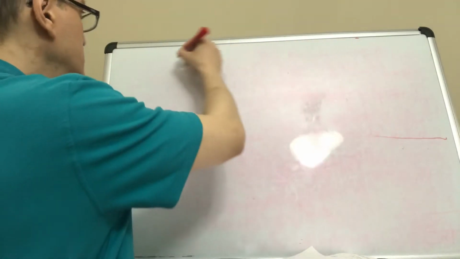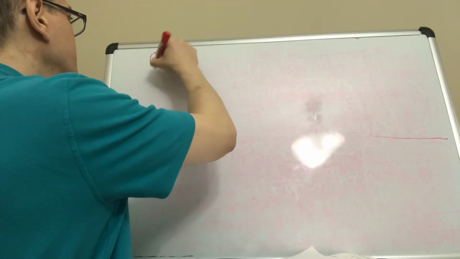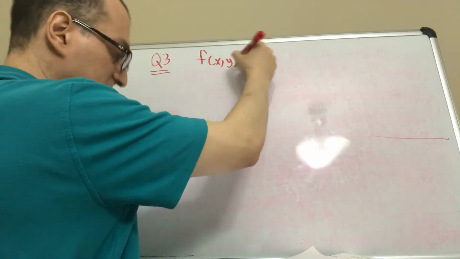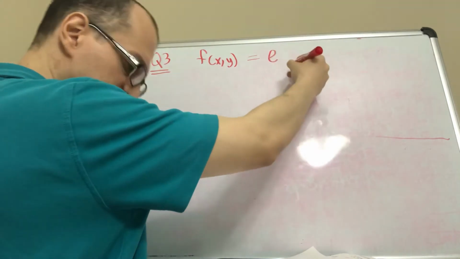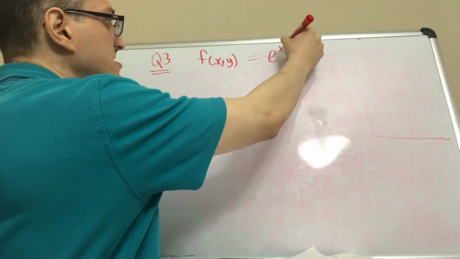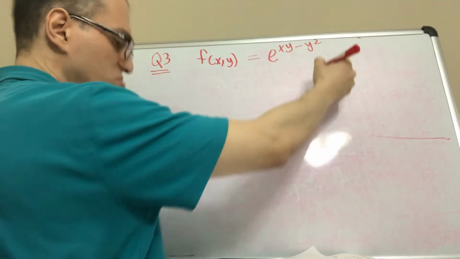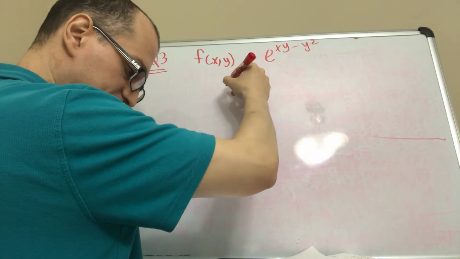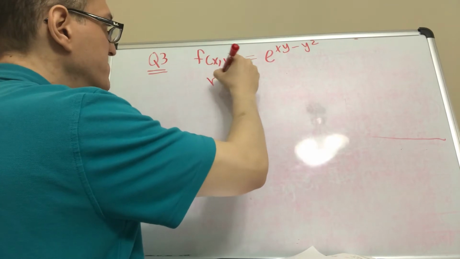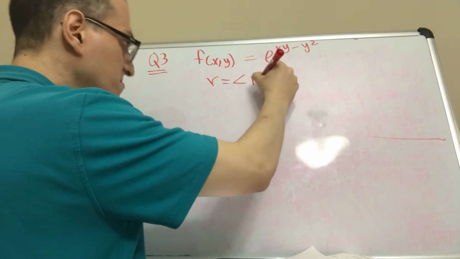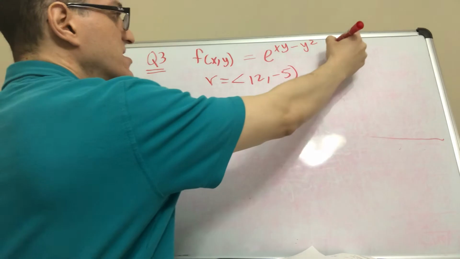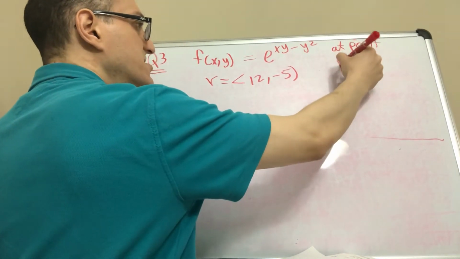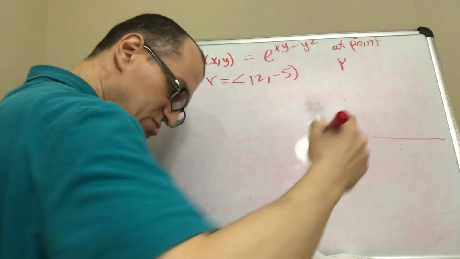You're given in question 3 a function in terms of x and y, and it's e to the xy minus y squared. And there is a vector 12, negative 5, and you have a point P of 2, 2.